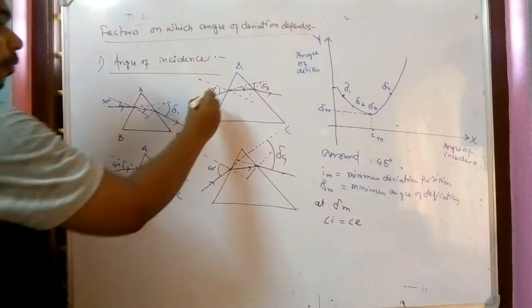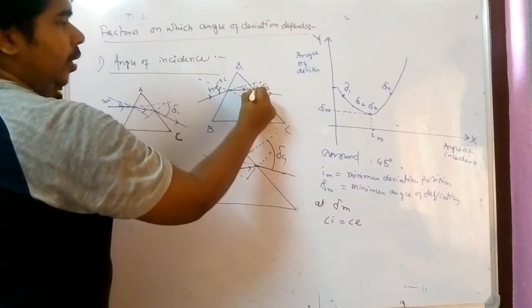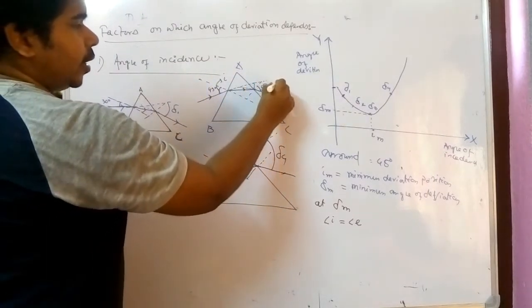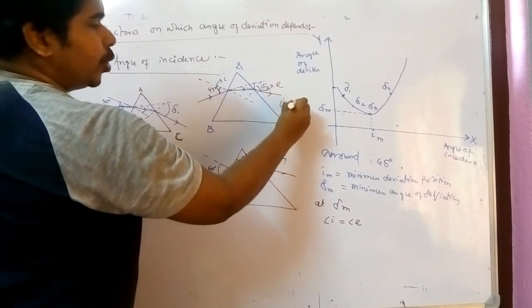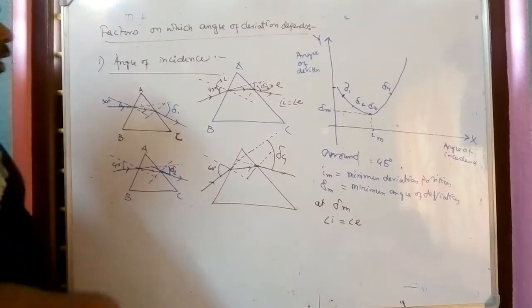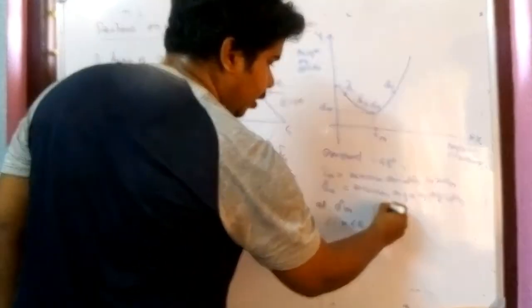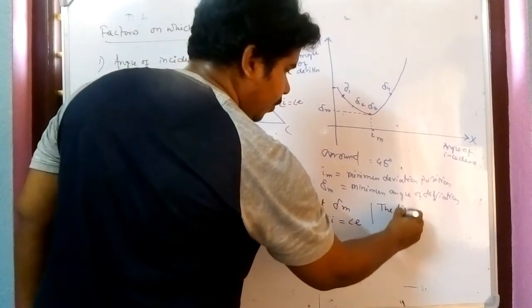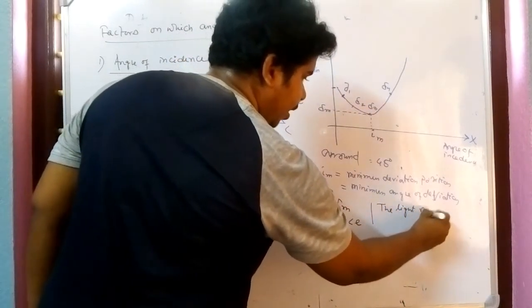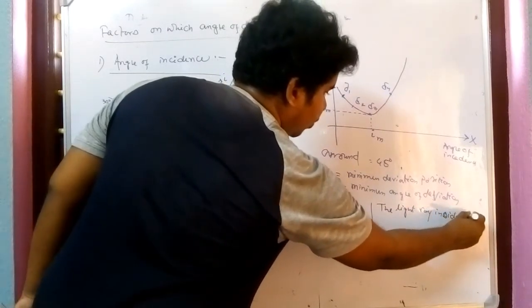If the angle of incidence here is I, then the angle of emergence is E, and angle I should be equal to angle E. And one very important thing is there, we have to mention the light ray inside the prism.